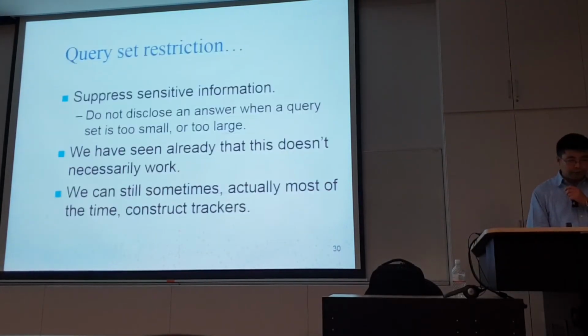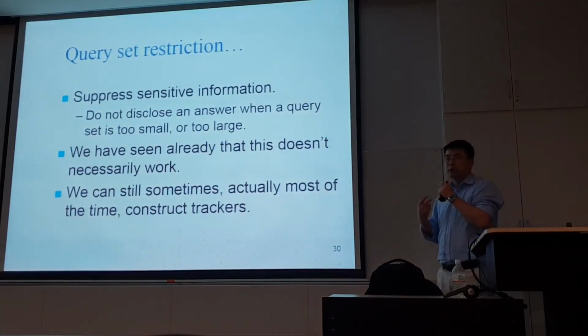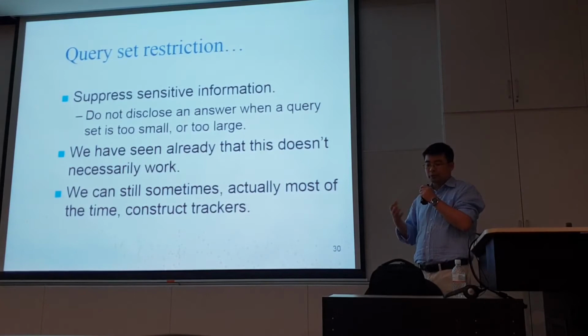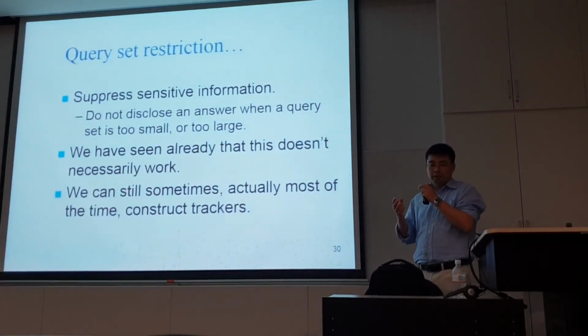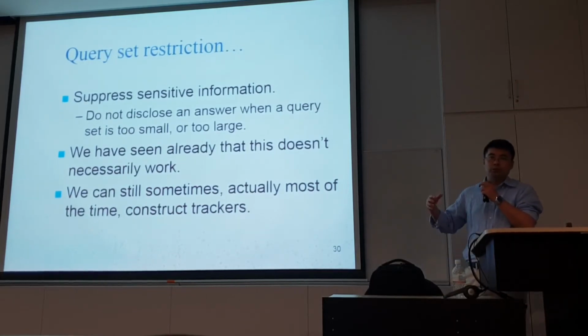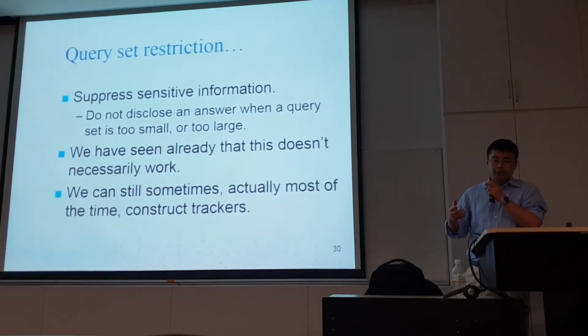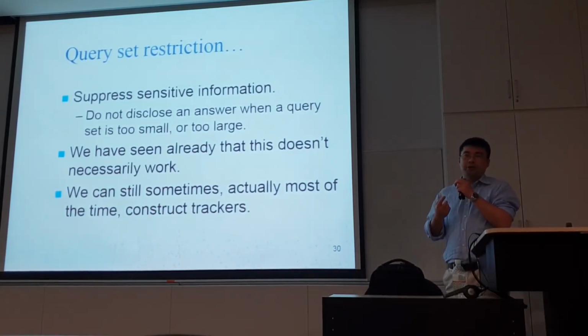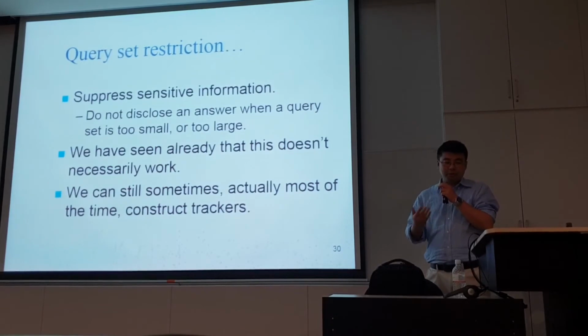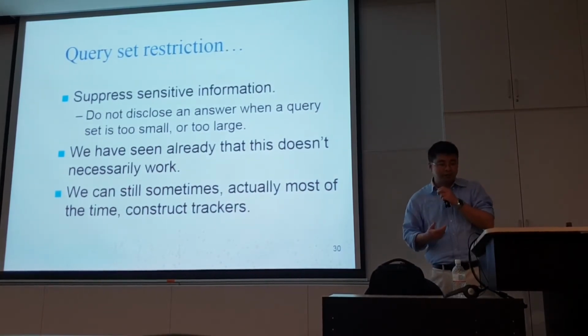So the first one is the method we already mentioned. We try to restrict the size of the return set. When you perform a query, the return set satisfying the condition should not be too small or too big. If it's too small, say containing only one record, then people can immediately tell the sensitive information.